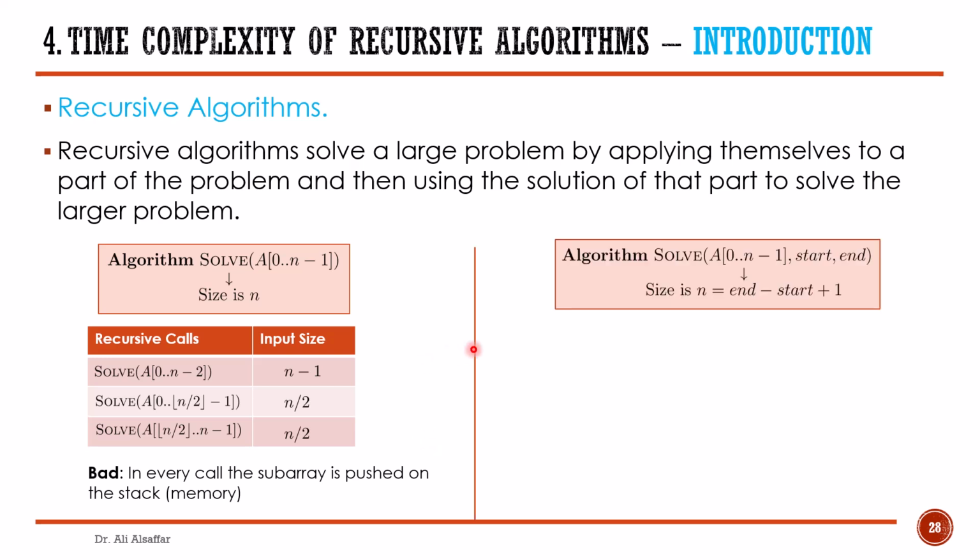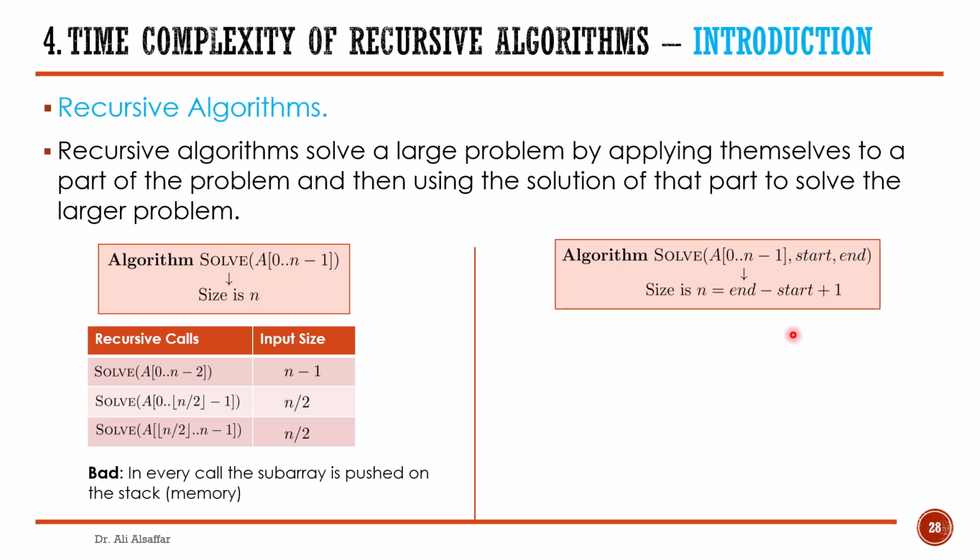In the second scenario, the parameters of the algorithm are a reference to the array, followed by the start index of the subarray, followed by the end index of the subarray. In this case, when calling the method recursively, only the reference of the array and the subarray indices are pushed on the stack. That's why this scenario is considered more practical to implement than the previous scenario.